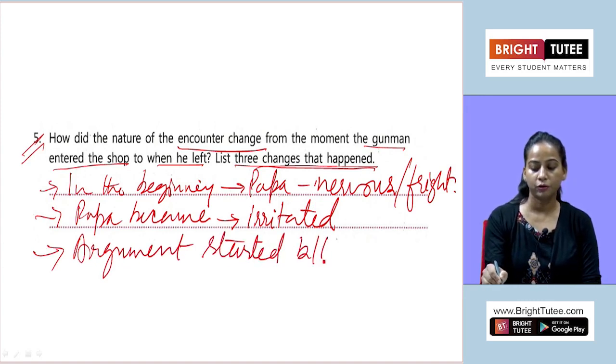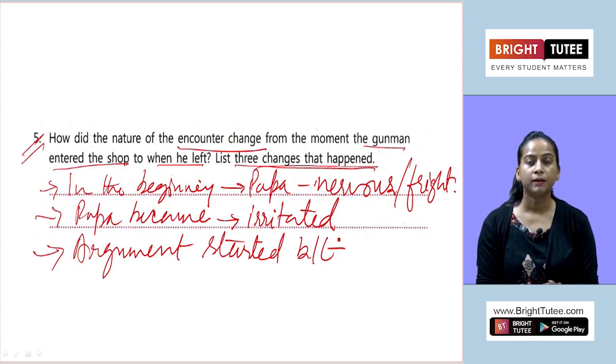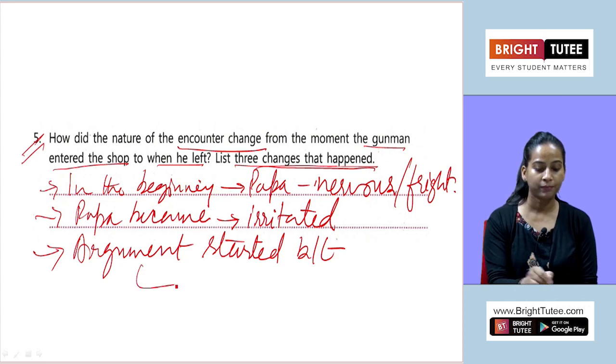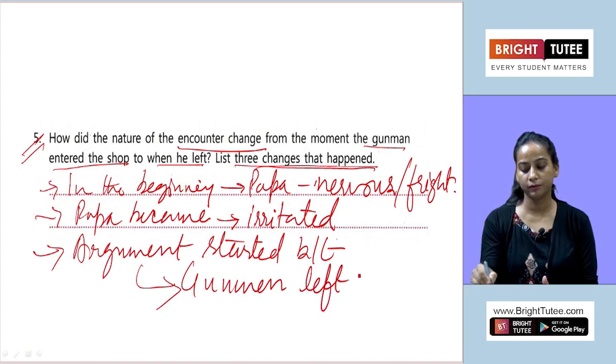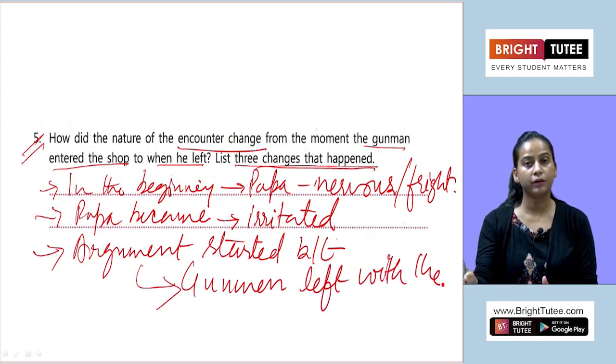between the gunman and Papa, when nothing was found, and here the gunman was returning him back the $3, as he came to know that Papa is the clerk, not the boss over there, but Papa was not ready to take those $3, and this kind of argument started between the two, and finally here we can say the gunman left with the $3.